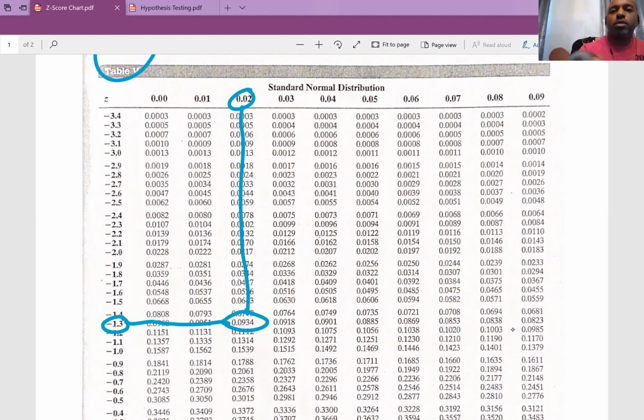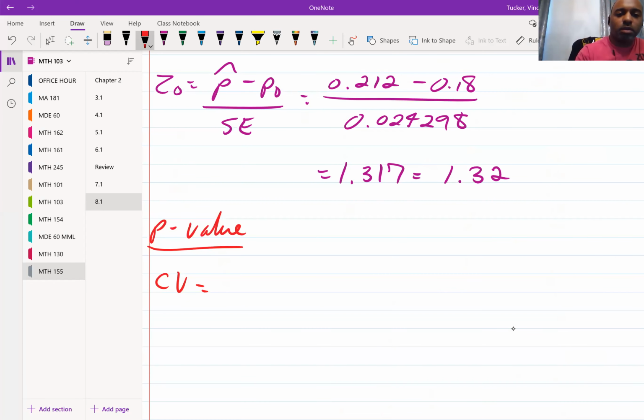All right, so, all right, now I'll put it back.